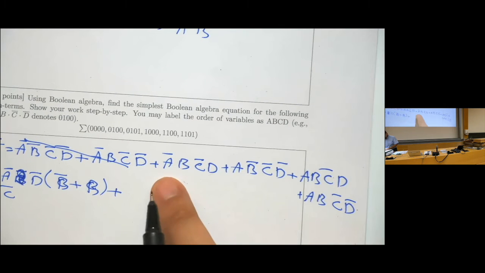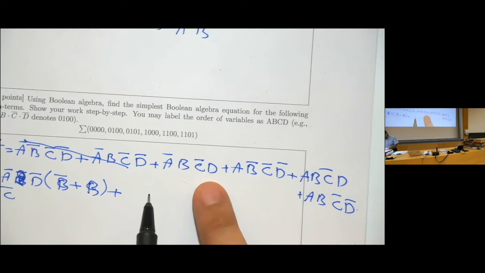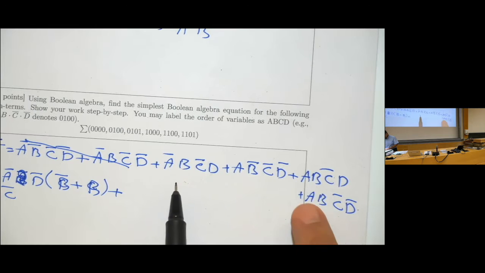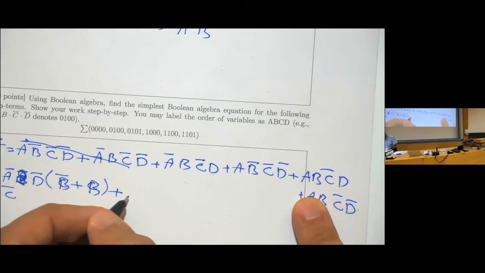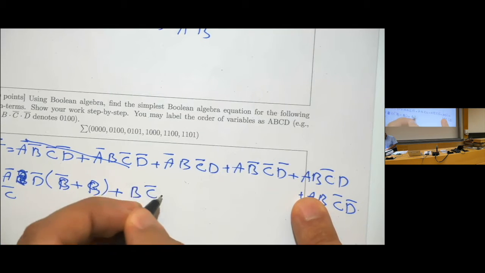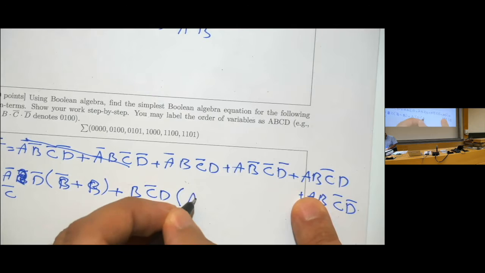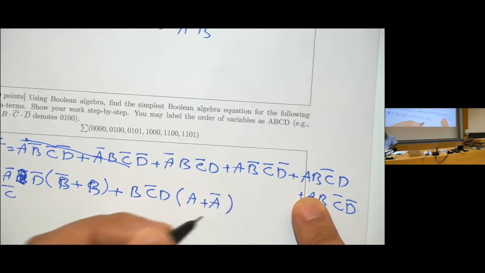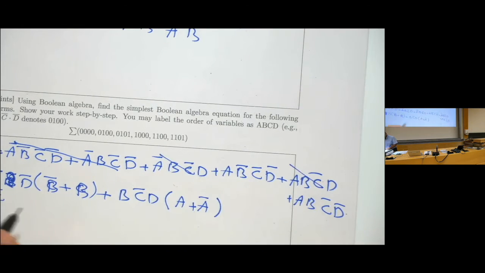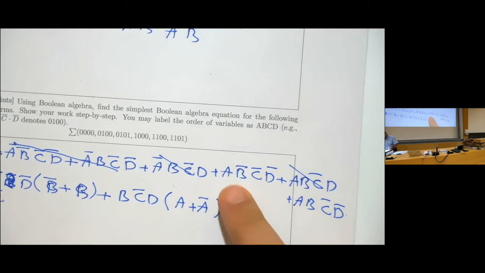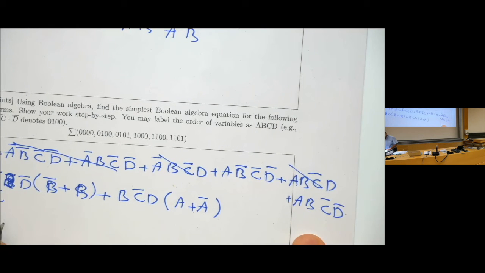Here we have A bar, B, C bar, D, and we can find a similar one. Yeah, these two. So B, C bar, D, we reach to this one. And also we have these two terms, A, C bar, D bar, B bar plus B. So these items are one.